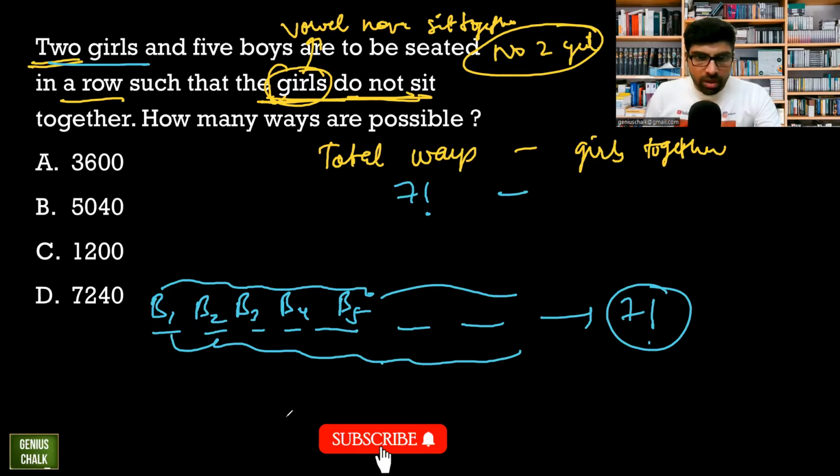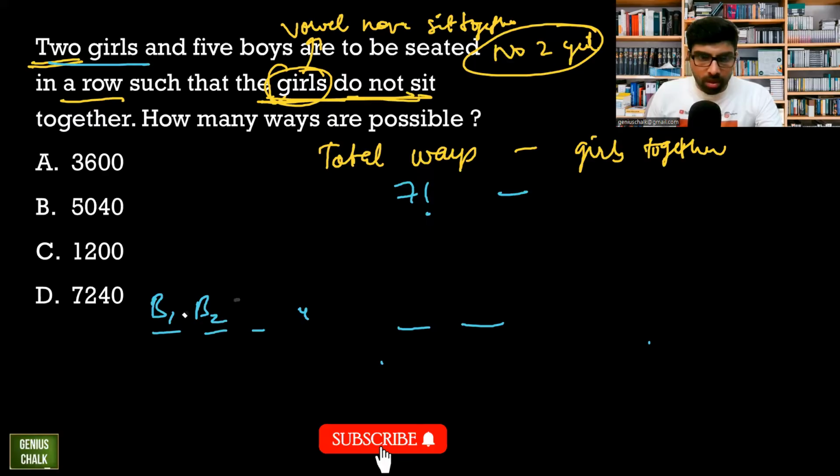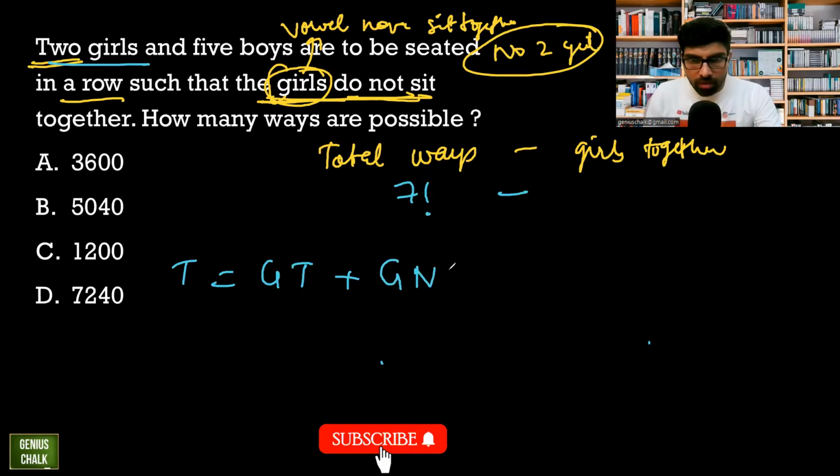Now let's consider the case where girls are together and then subtract. See why I'm subtracting it. The same explanation: total cases mean girls together cases plus girls never together cases. Now, if you are asked for girls never together cases, that is total cases minus girls together cases.